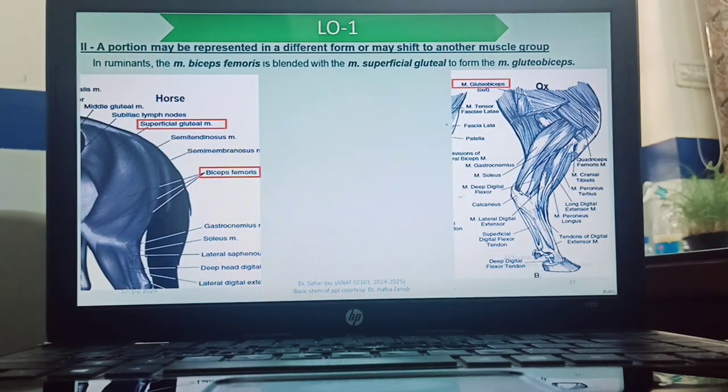Then thinking on the same line, we see that the superficial gluteal muscle and biceps femoris muscle are separate muscles in the horse and cater to its requirement, while the same gluteal muscle has been fused with the biceps femoris to form one single muscle, which is called gluteobiceps in case of ox.